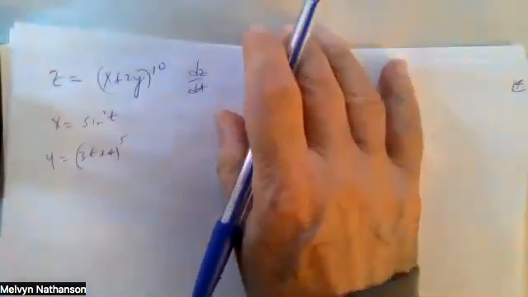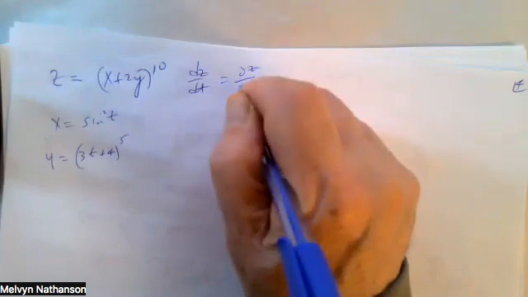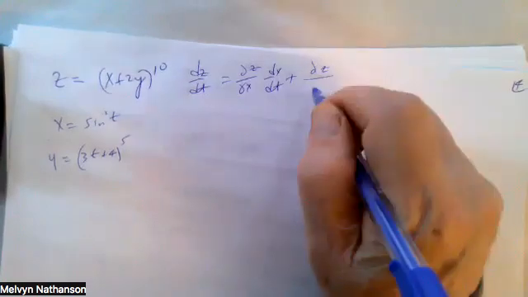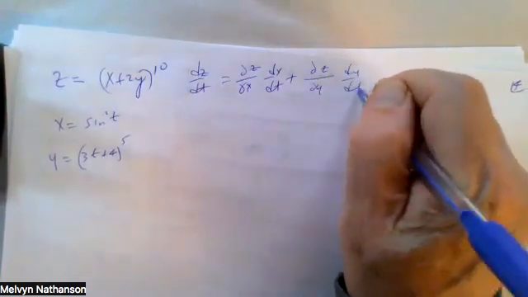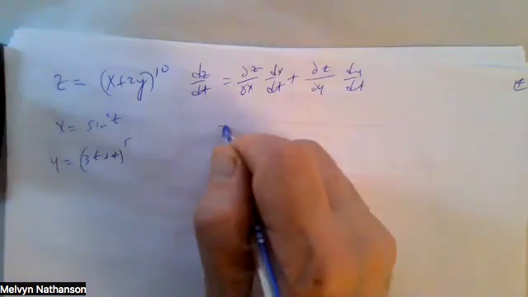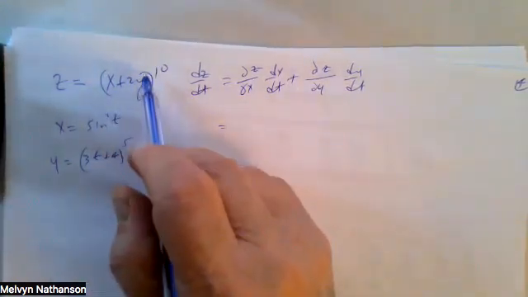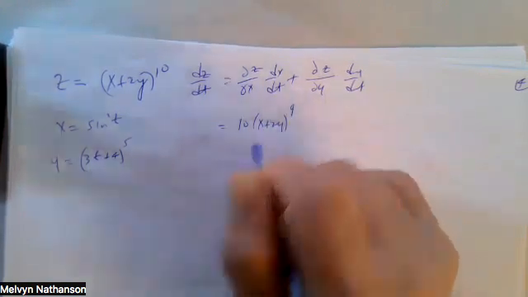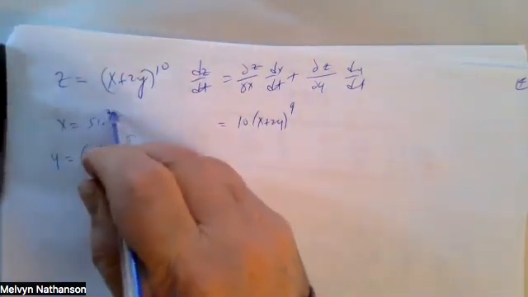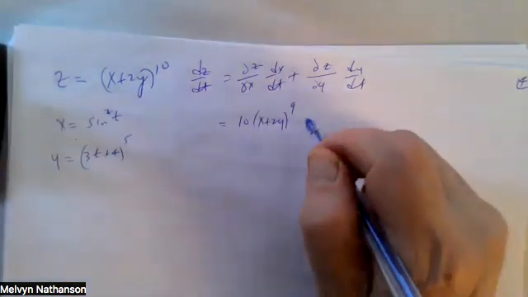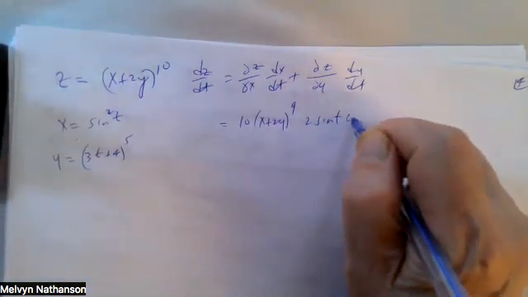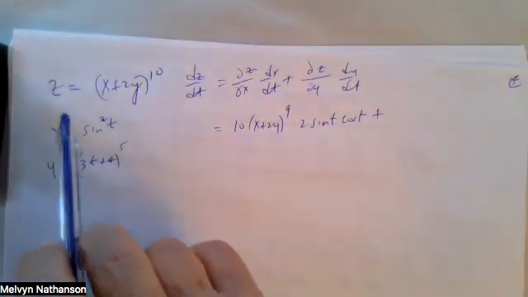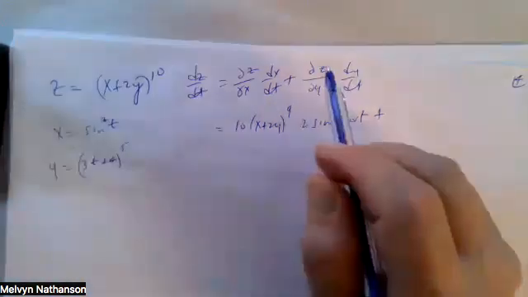dz/dt is the partial of z with respect to x, dx/dt, plus the partial derivative of z with respect to y, dy/dt. If I differentiate this with respect to x, I get 10 (x plus 2y) to the 9th. If I differentiate x with respect to t, I get 2 sine t cosine t, plus the partial derivative of z with respect to y.